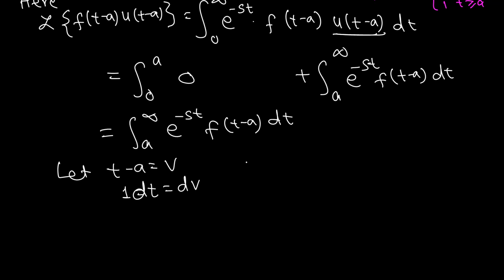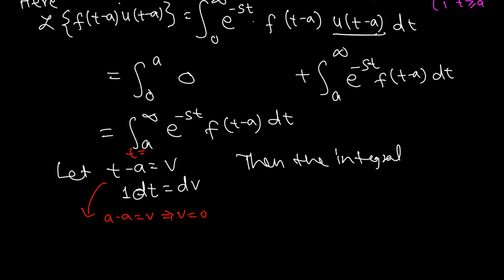Now this integral becomes, and we need to be careful about the limits. Here t equals a and t equals infinity, and we are trying to change this integral into the new variable v. So when t equals a, what's going to happen? a minus a equals v, so v is 0.